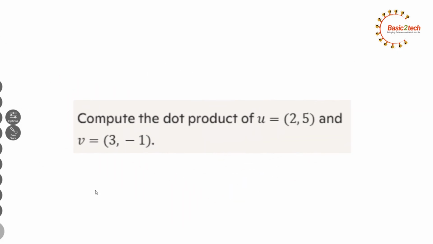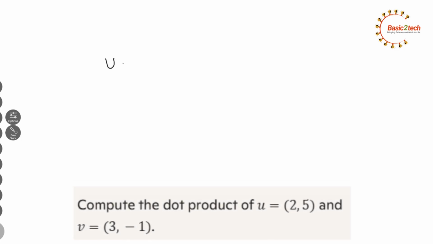Question 2. We're asked to find the dot product of U and V. Now, U is 2 and 5, and V is 3 and minus 1. So how do we find the dot product?